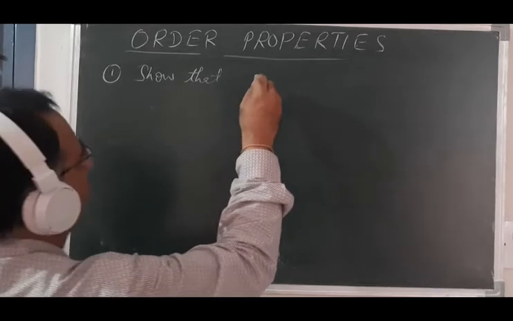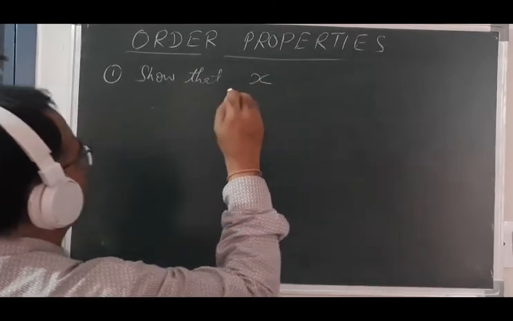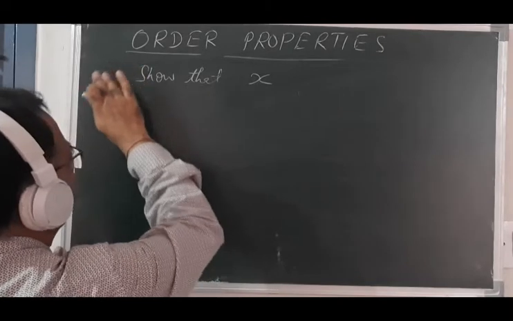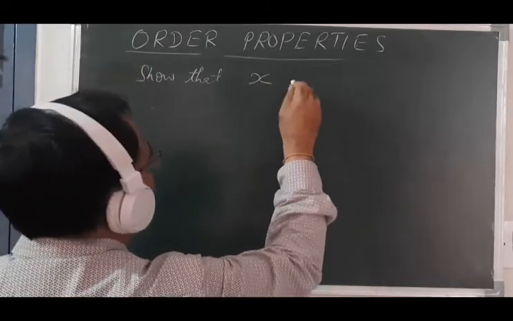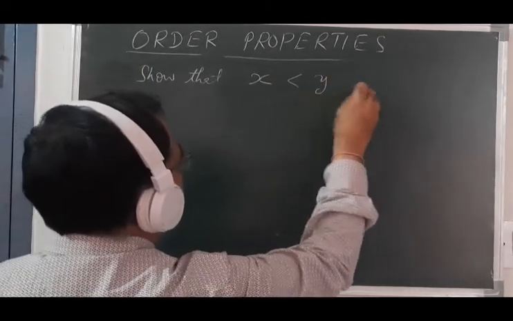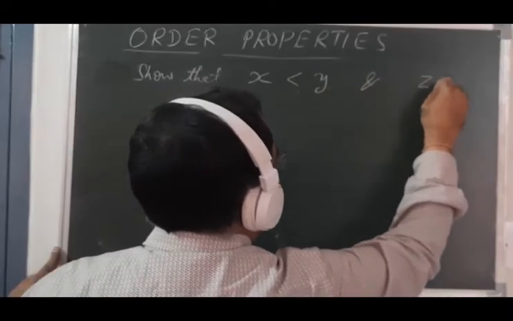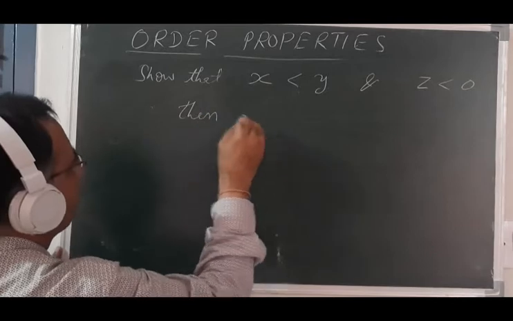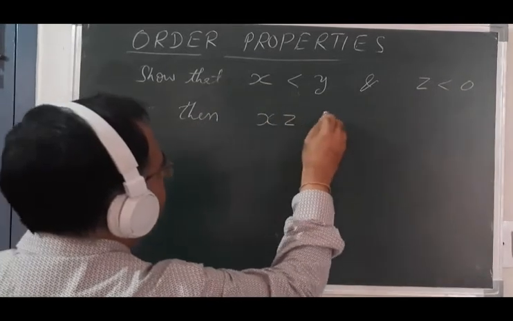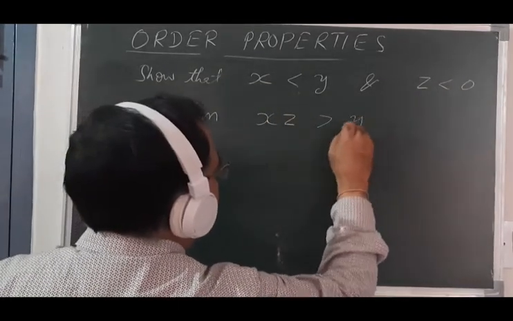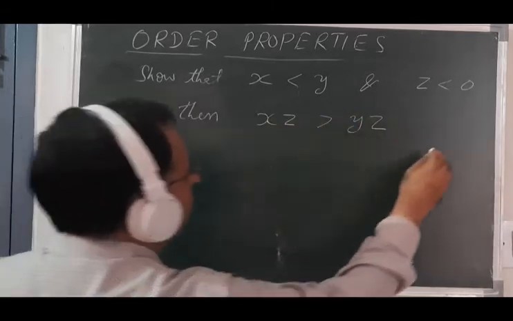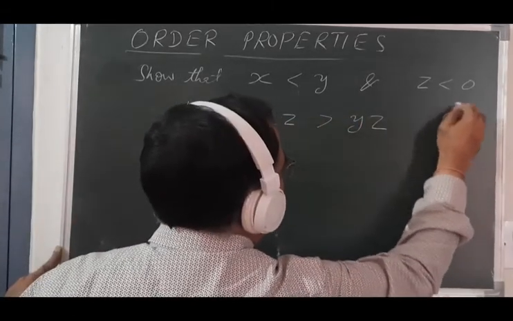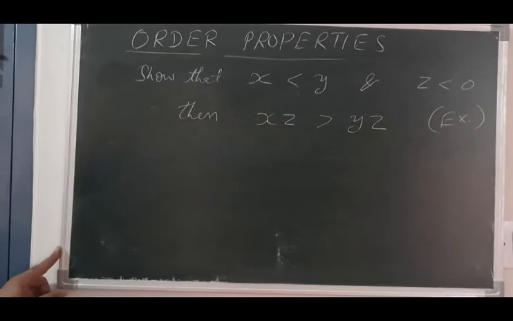The next result is an exercise for you. Show that if x less than y and z is a negative number, then xz is greater than yz. So this is an exercise for the students.